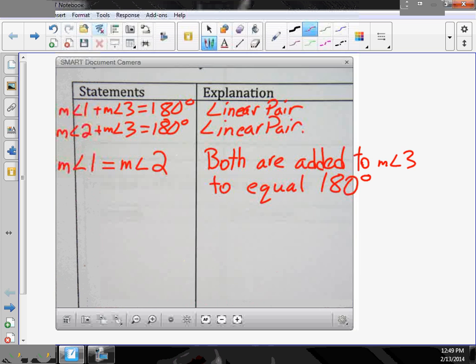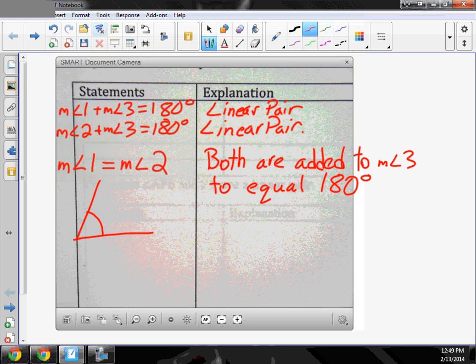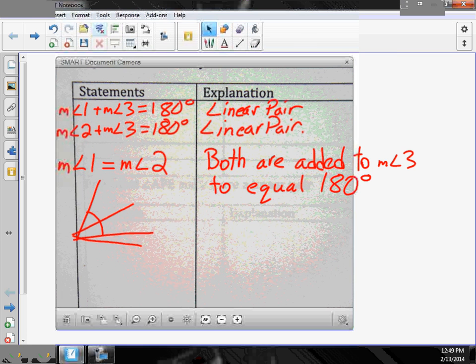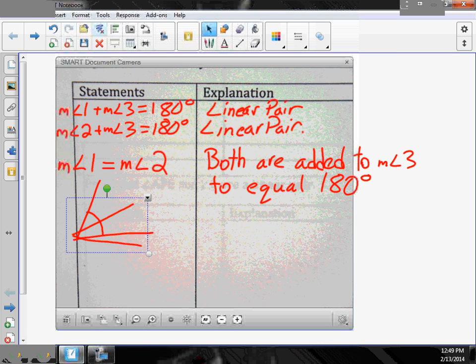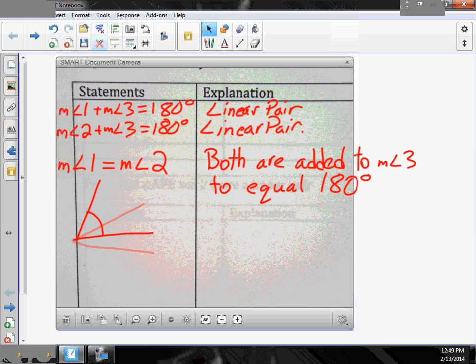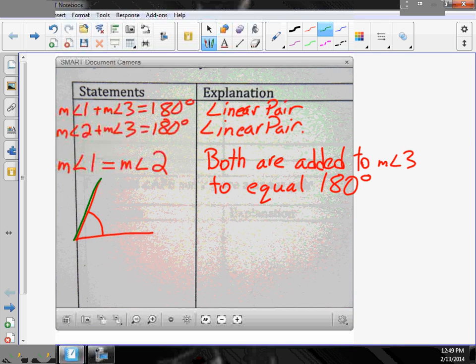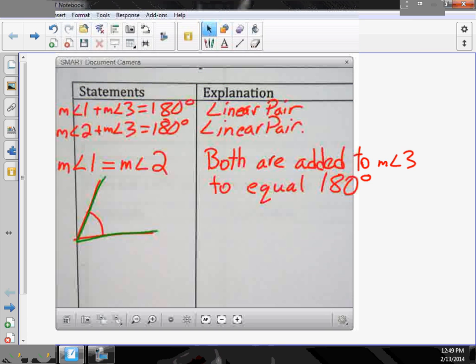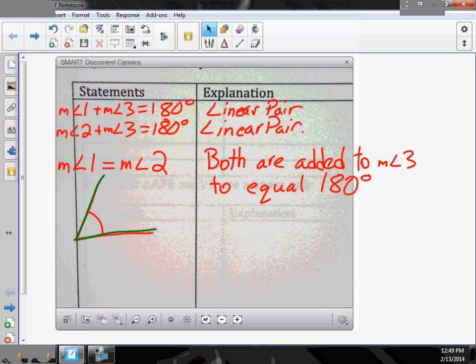right. So measure means you get a protractor and you measure that angle. Congruent just means that if I laid one angle on top of the other, it would match, which essentially is the same thing.